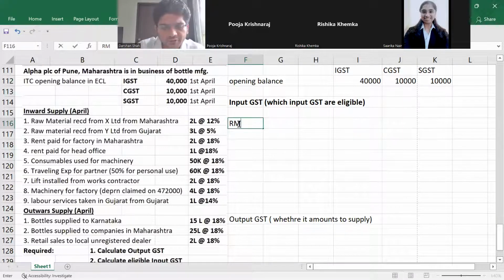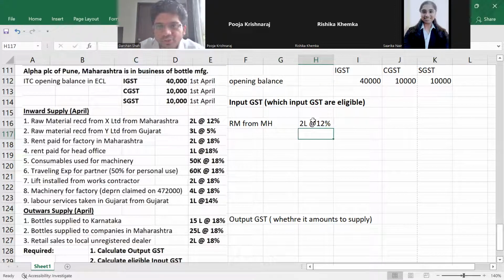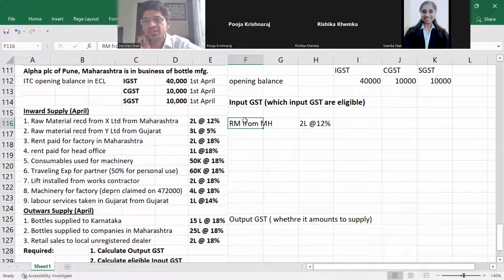So raw material from Maharashtra, the total amount is 2 lakhs at 12%. If it is within the state, should I put in IGST or should I divide between CGST and SGST? CGST and SGST.